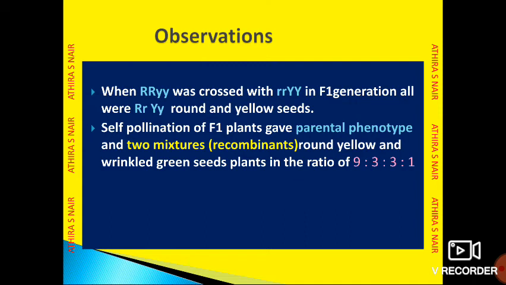Self-pollination of F1 plants gave parental type plants and two recombinant type plants. What are the recombinant types? Round yellow seeded plants and wrinkled green seeded plants. These parental and recombinant progenies are produced in the ratio 9:3:3:1.